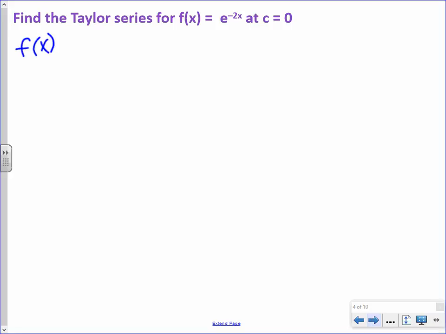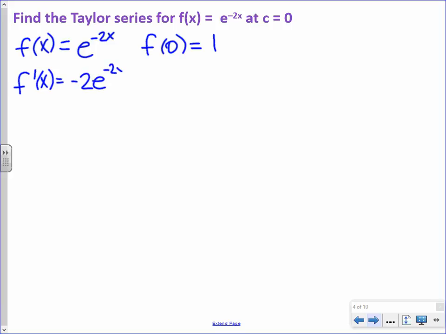If our function is e to the negative 2x, what is our function evaluated at 0? Okay. Our derivative would then be negative 2 e to the negative 2x, which means our derivative at 0 would be negative 2.